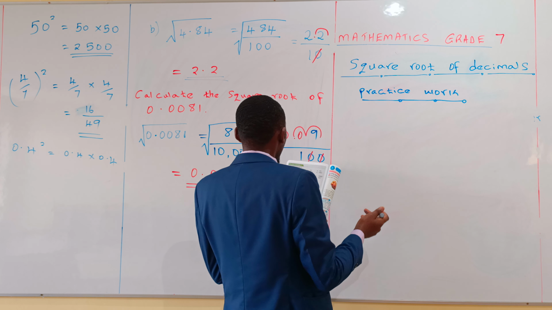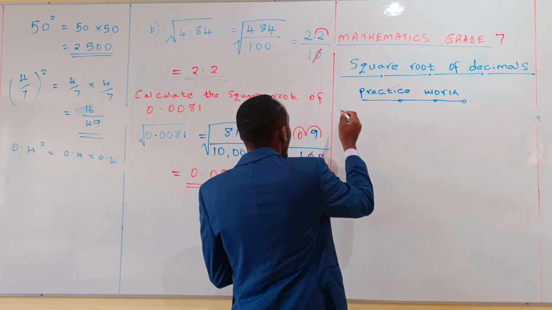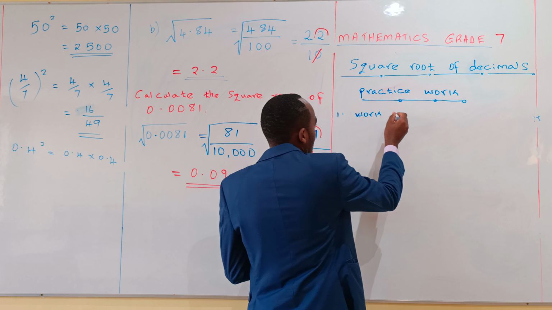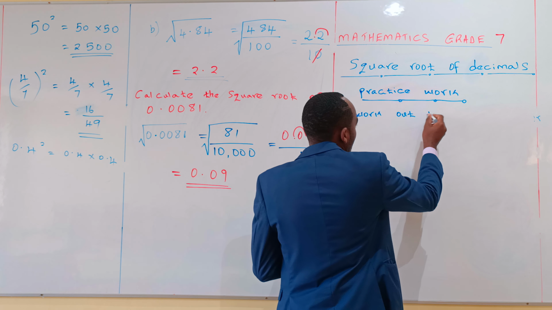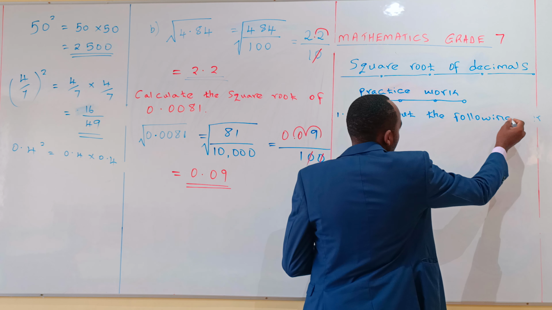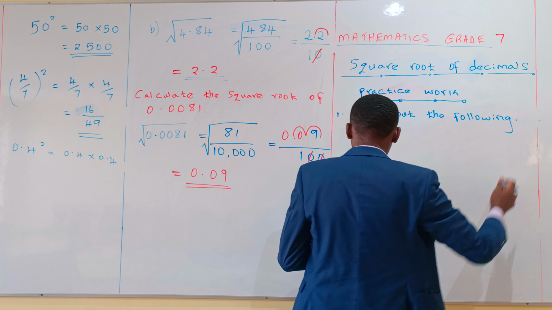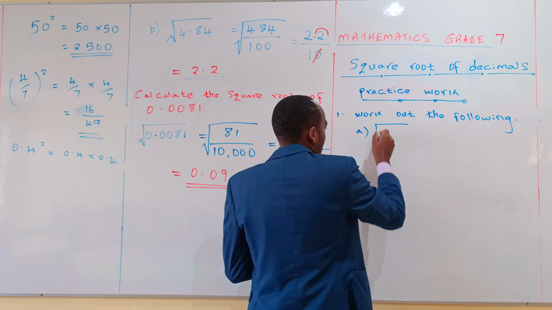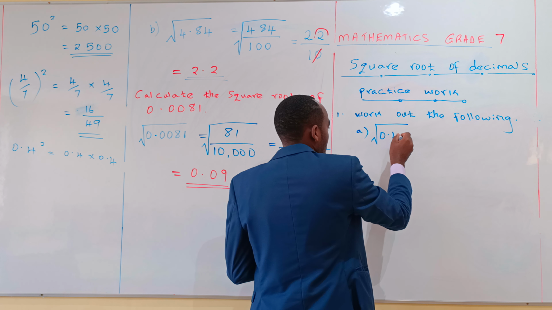Very good. Question 1, work out the following. The first one is the square root of 0.49.